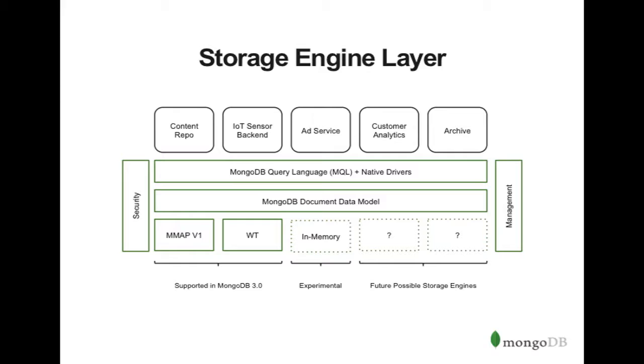So realistically, you shouldn't focus too much on the details of the underlying engines and more on what your use case is and which one's going to be the best fit. So all of that being said, I'd like to talk a little bit about the WiredTiger integration more in depth.